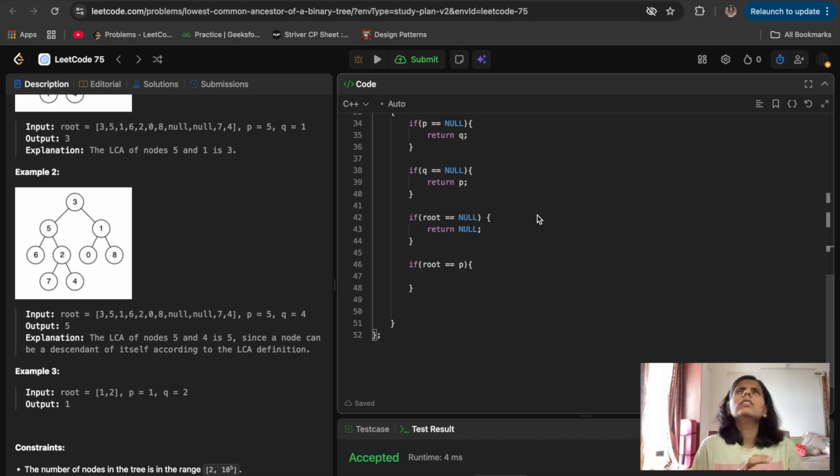As both are equal, I can say I found one node, and I can find the second node further, so I can return the P node.